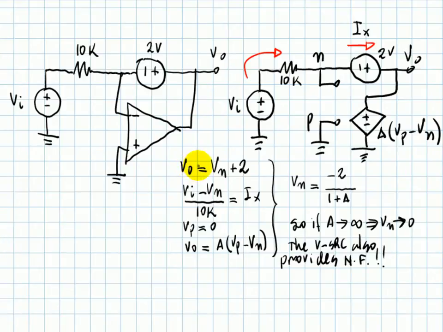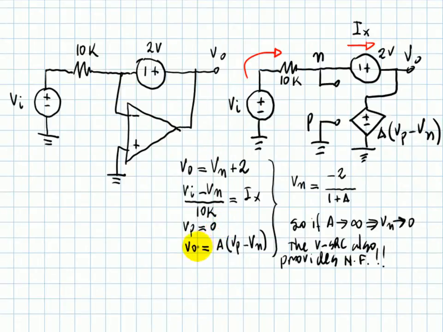An equation for V naught: V naught is Vn plus 2 volts. This one, and this one, that is a KCL equation for node N. This current, Vi minus Vn over 10 kilos, is equal to the current Ix. Fine. And this one, well, that is a KVL equation for node P. Vp is 0.